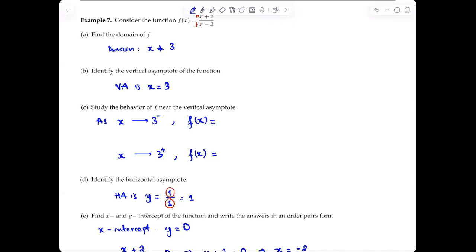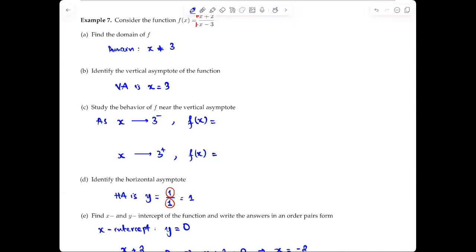But as we saw earlier, the function f of x either approaches positive infinity or negative infinity only. So as x approaches 3 from the left, what is the sign of the numerator? Is that positive or negative? Positive.